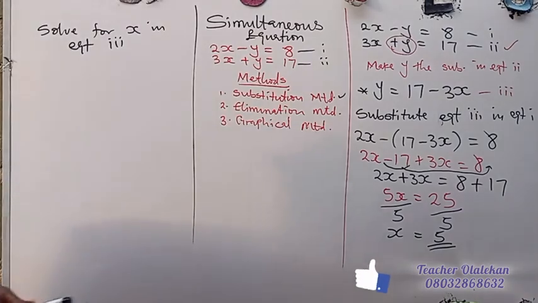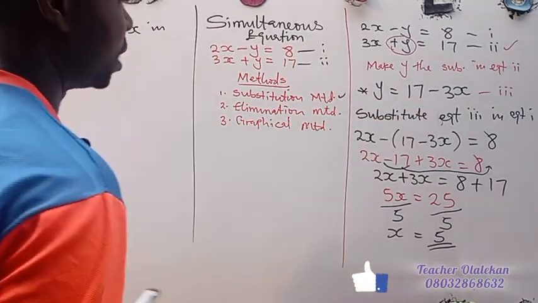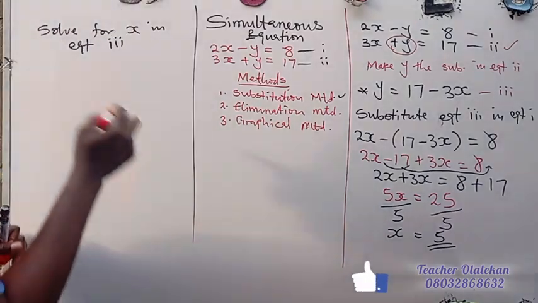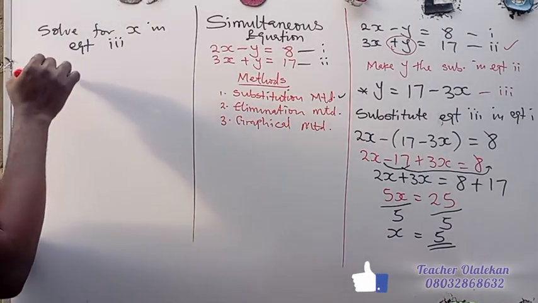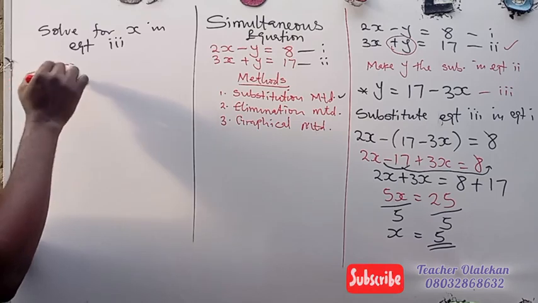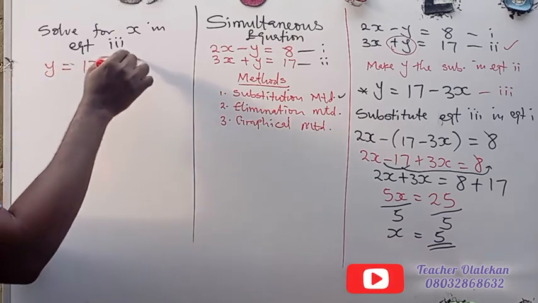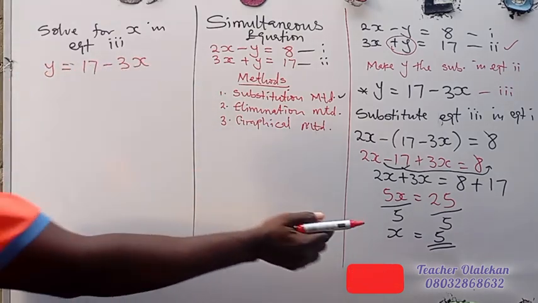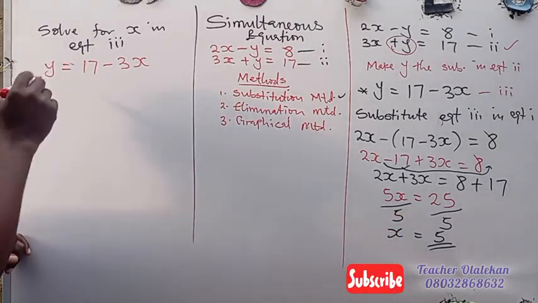Do not forget that our equation 3 is y is equal to 17 minus 3x. Anywhere we have x, we substitute 5.